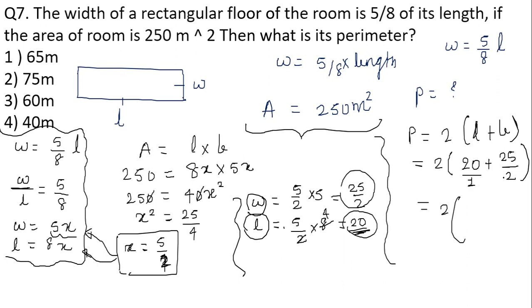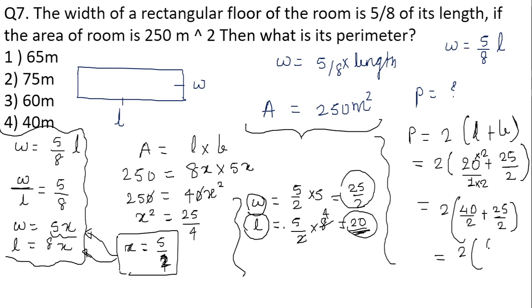So I'll make the denominator similar. For making the denominator similar, I have multiplied here by 2. The rule is, if you are multiplying the denominator, we have to do the same process for the numerator as well. So I am multiplying 1 into 2 as well as 20 into 2. This will give me 40 divided by 2 plus 25 divided by 2. So 40 plus 25 will give me 65.